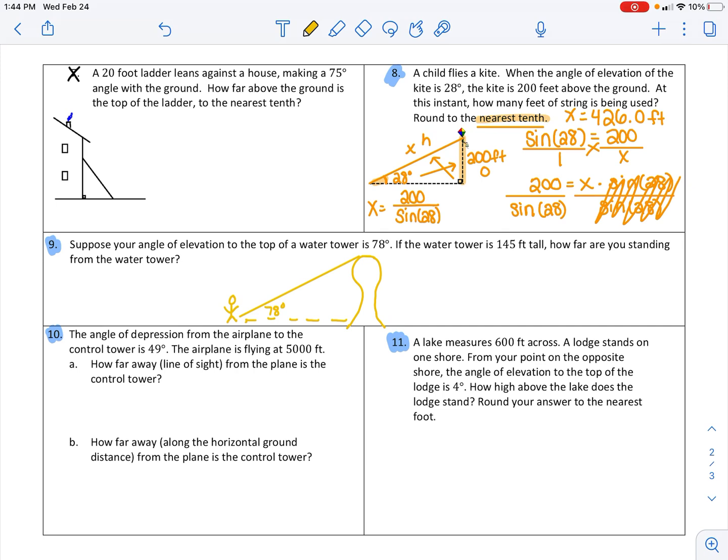If the water tower is 145 feet tall, we want to know how far you are standing from the water tower. So we want to know this distance, x.